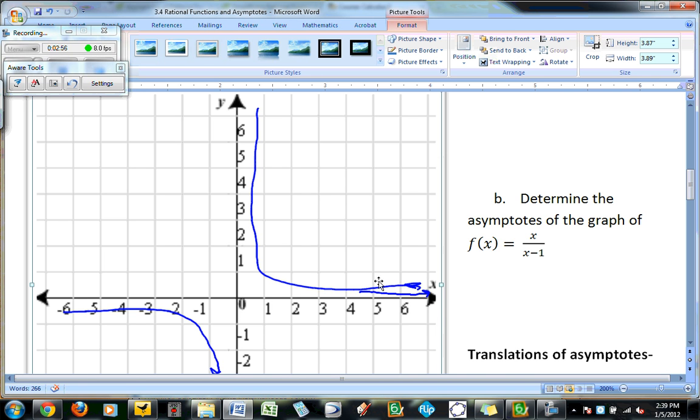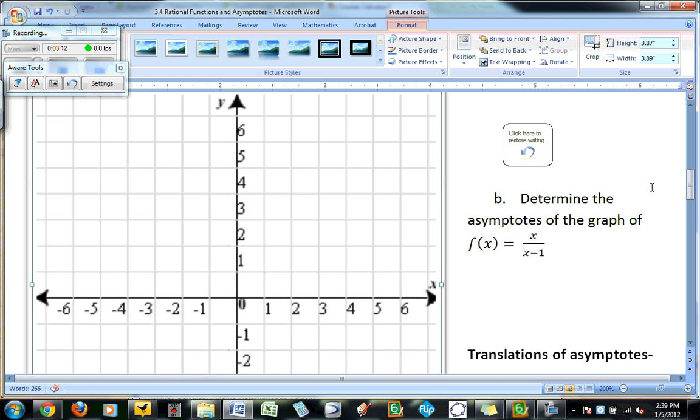So that's what a horizontal asymptote is. It'd be right along our x-axis, and our vertical asymptote is right along our y-axis. So that's what asymptotes are, giving you a visual representation of that real quick.